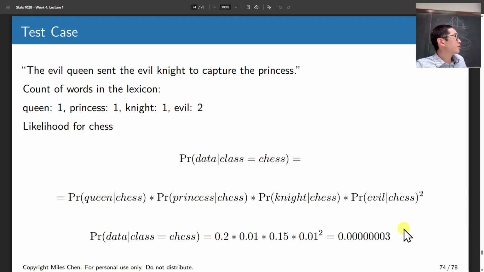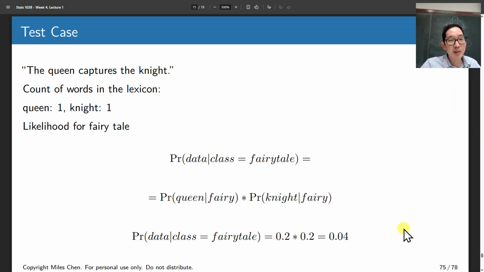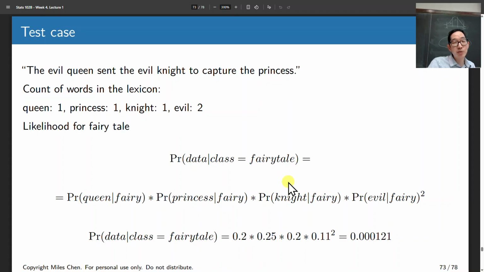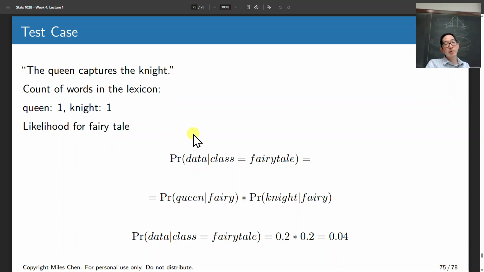Now you could also take into account prior probabilities, which I didn't factor in, but if we wanted to, we could do the priors and calculate the marginal. But basically just comparing the likelihoods, we would say the likelihood for chess is much lower than the likelihood for fairy tale based on this sentence. Whereas this one, queen captures the knight, is a bit more ambiguous.